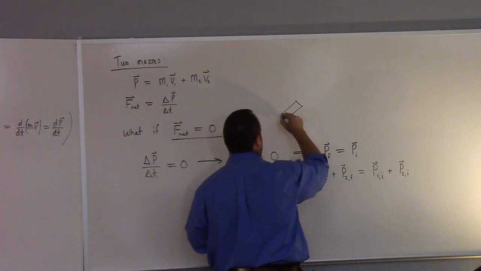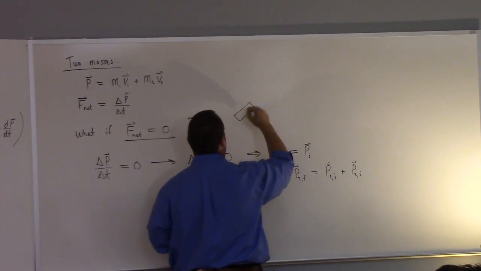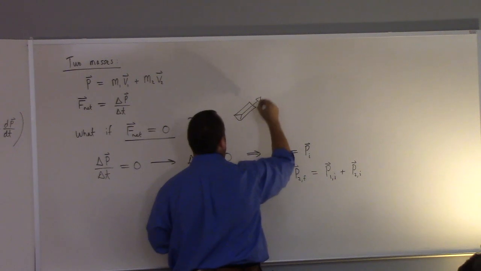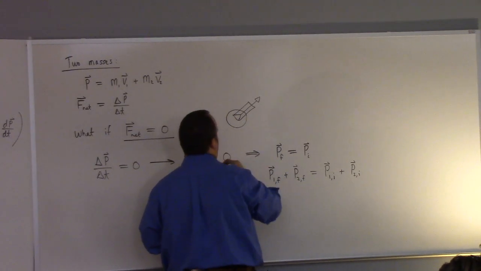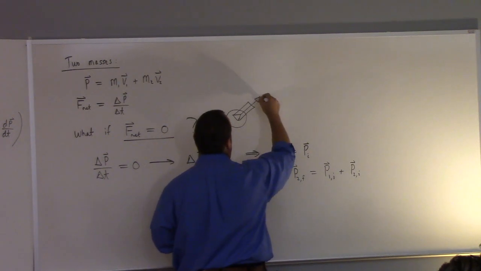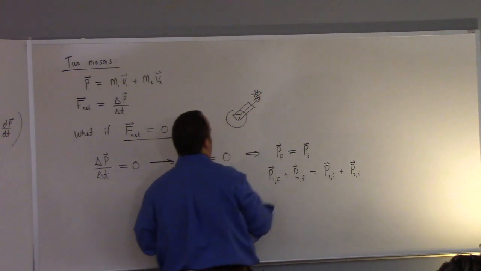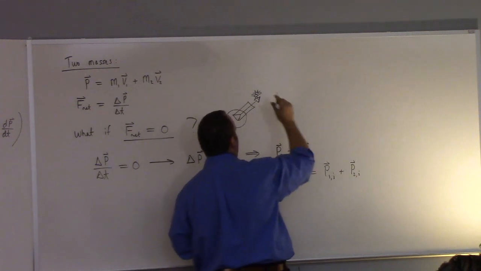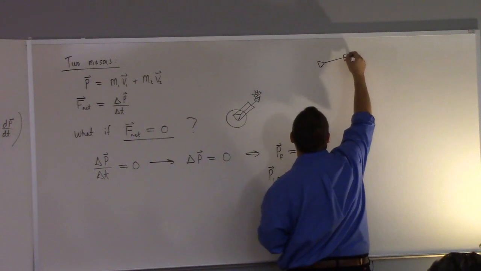a cannon, right? And we've got a giant arrow, and let's say that on the arrow we put a cat, and then the cannon fires, boom. And then up here, later, there's the cat.